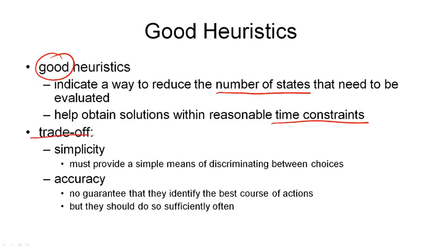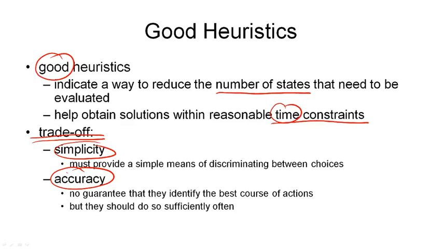Unfortunately, this means we're dealing with a trade-off here. Some heuristics are simple, so they provide a simple way of discriminating between the successors we generate. And since we want to optimize the time we take during search, simplicity here means easy to compute. We want to have a fast way to compute the heuristic value for a given state. But heuristics that are simple to compute are often not accurate, and accurate is the other property in our trade-off here.